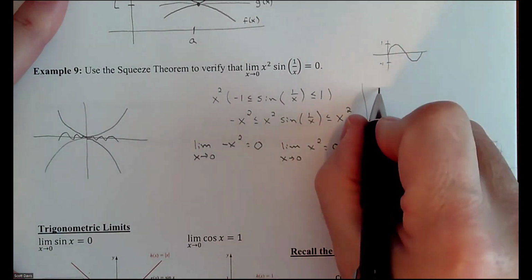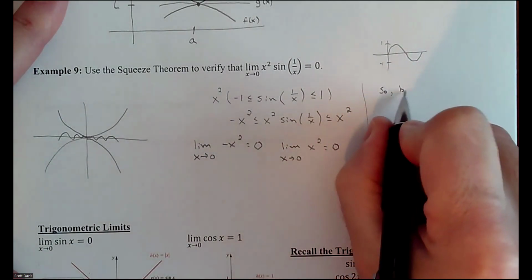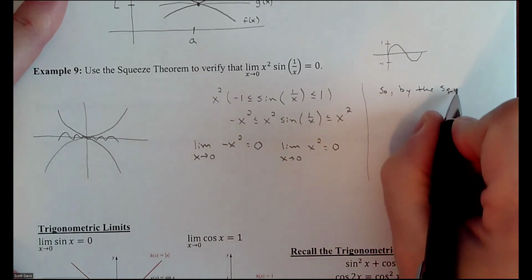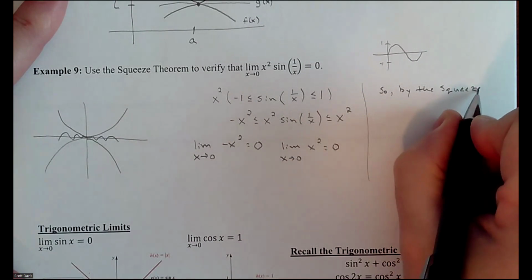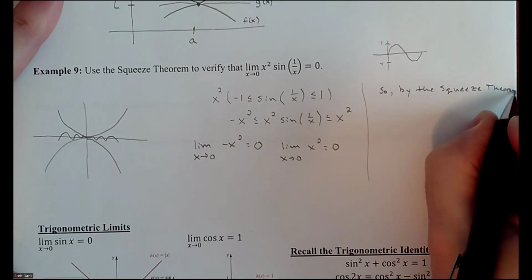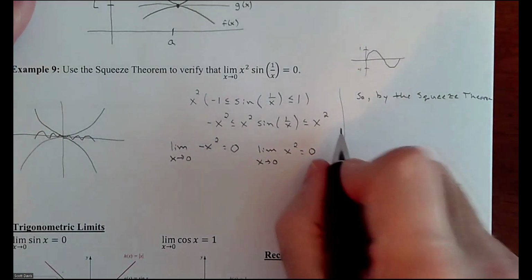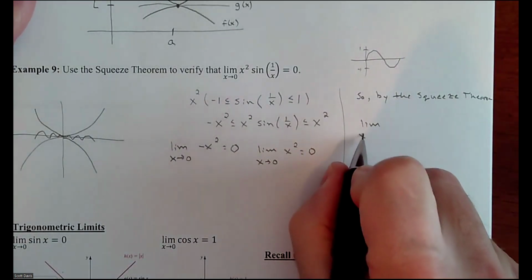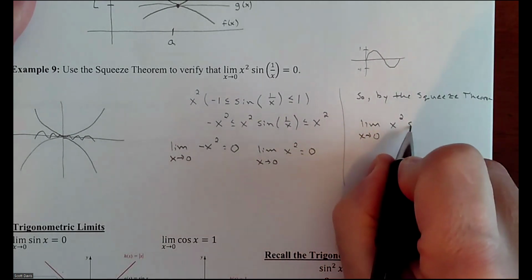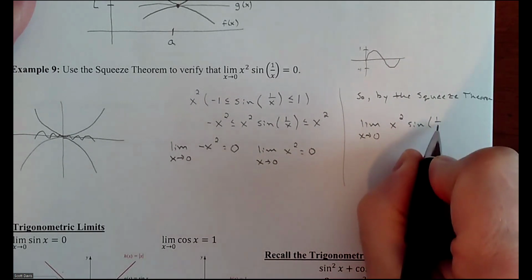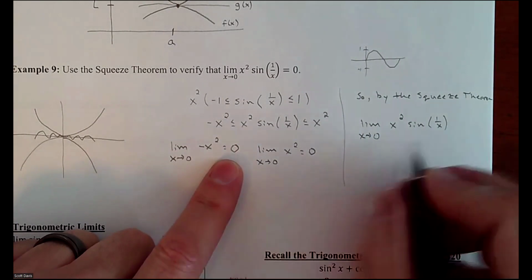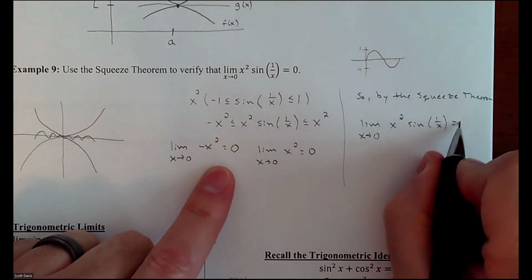So by the squeeze theorem, our limit as x approaches zero of x squared sine of 1 over x has to be in between these two. If they're both approaching zero, then this thing has to approach zero.